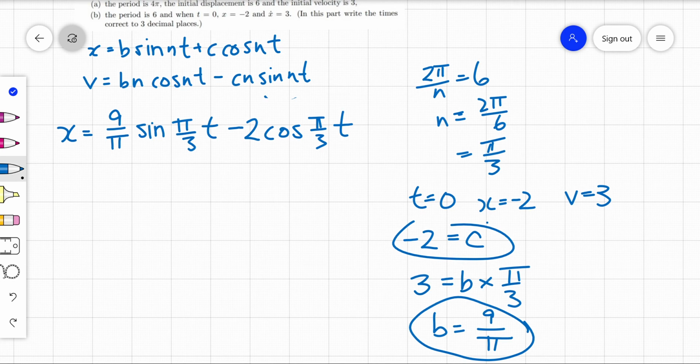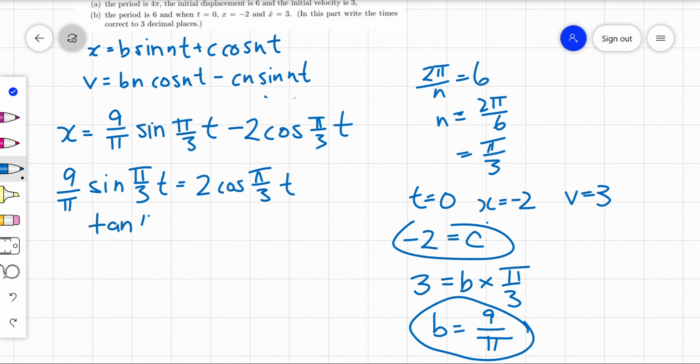All right, that's our x equation, and remember we want our x to be 0. So if our x is 0, then 9 on pi sine pi on 3 t will equal 2 cos pi on 3 t.